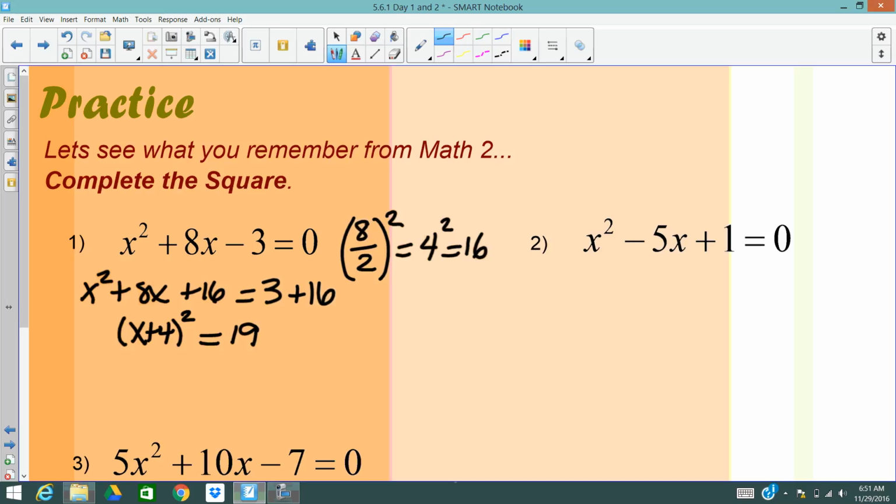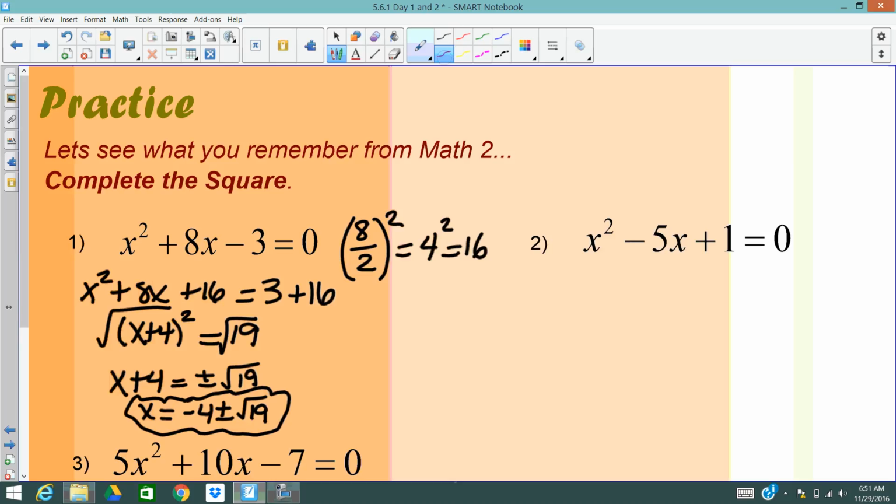So now to finish solving, we would then take the square root of both sides, get x plus 4 is equal to plus or minus the square root of 19, subtract 4 and get x equals negative 4 plus or minus the square root of 19, and there's our answer.